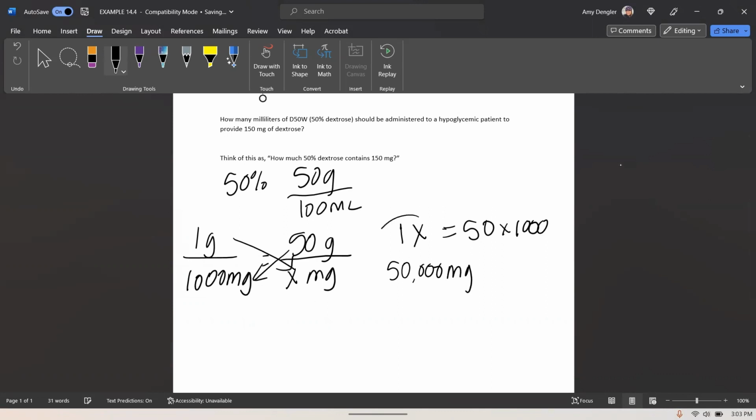And that's our answer because this is already at 1. So 50,000 milligrams, and let me erase that so no one thinks that's super important.